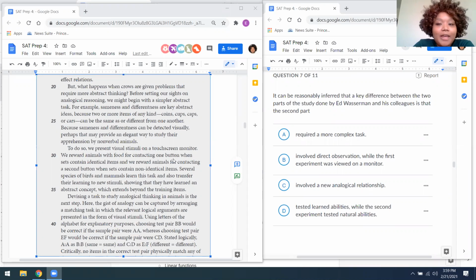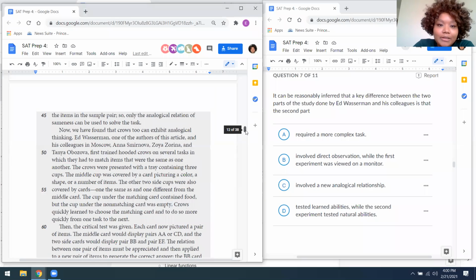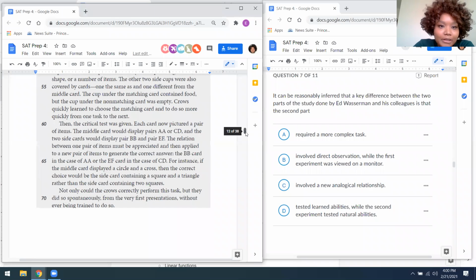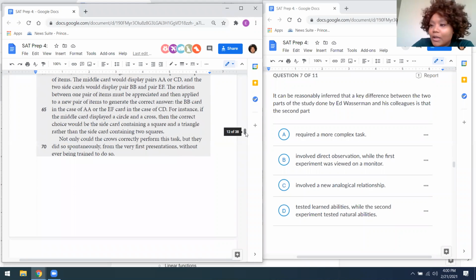So that means that the animals are looking at a touchscreen monitor, not the people. My mistake. So B is wrong because, actually, I'm not even quite sure why. I know that it's not viewed directly through direct observation. But sometimes, you know, you start to overthink things.